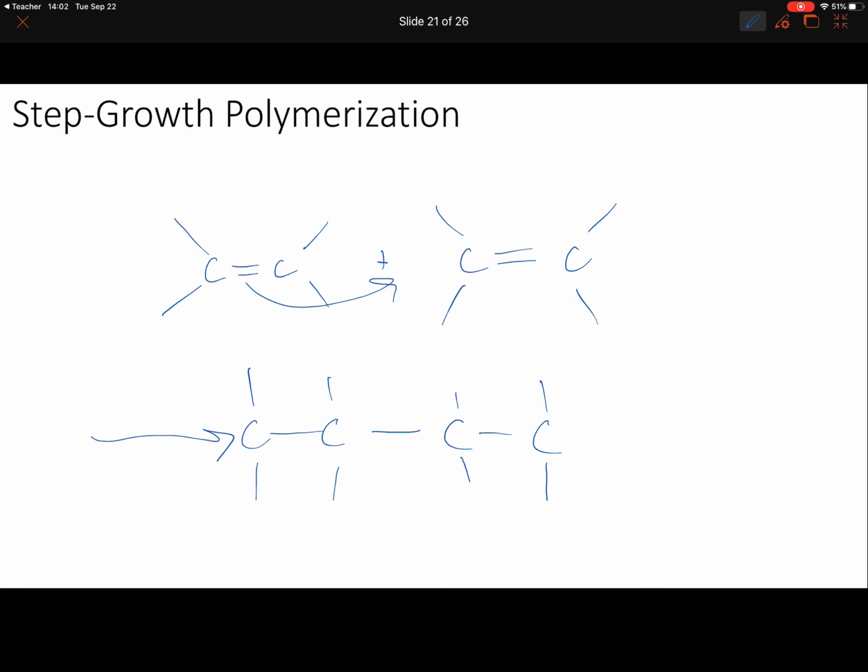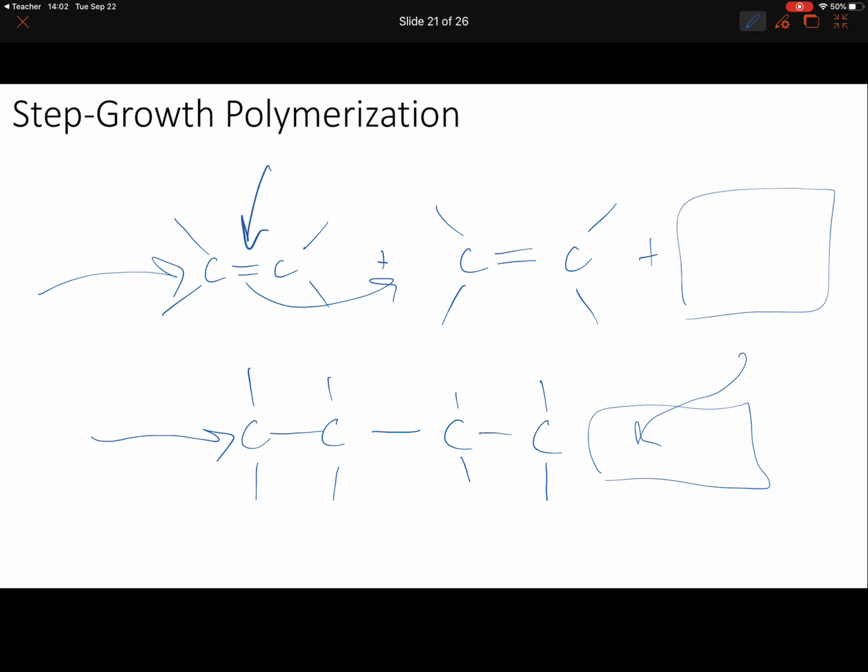And then, of course, there was a growing chain this way, and then we can add another monomer, and that'll feed in here. We would link these together like we did. Now, this only has one functional group in our alkene. So for our polyamides, our polyesters, our polycarbonates, they have to have two functional groups.